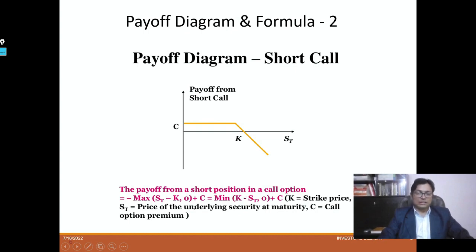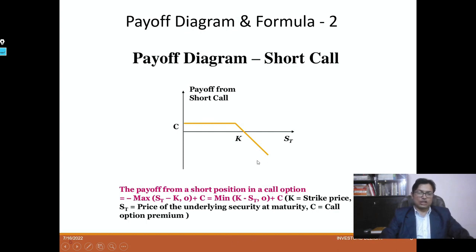We can also restructure this as minimum of K minus ST comma 0 plus c. Instead of max we make it min, and instead of the negative sign we write plus c, and that's how we put this equation.